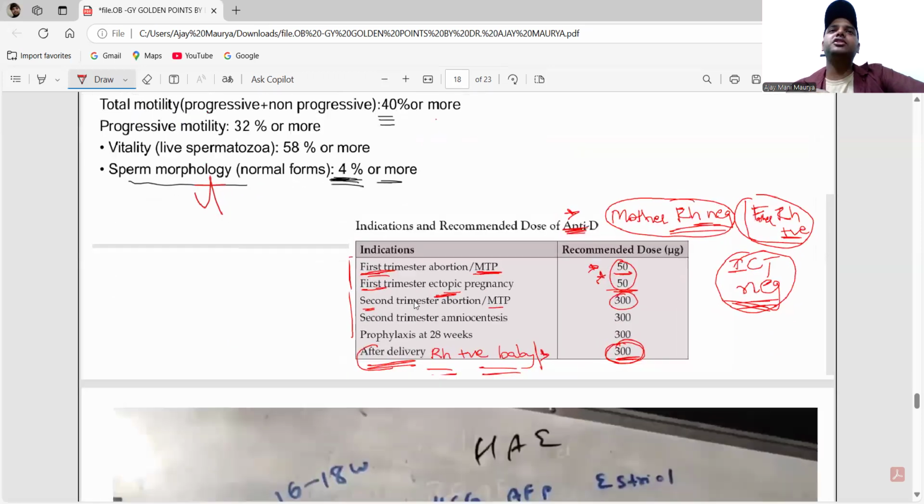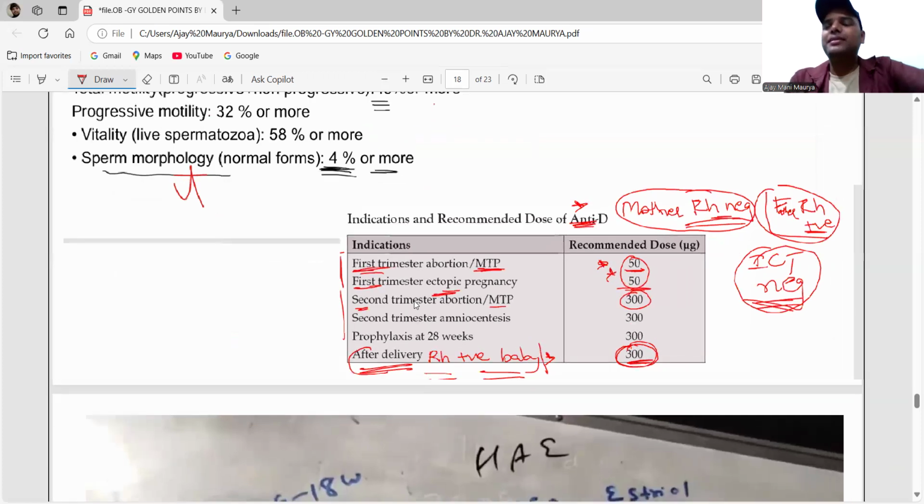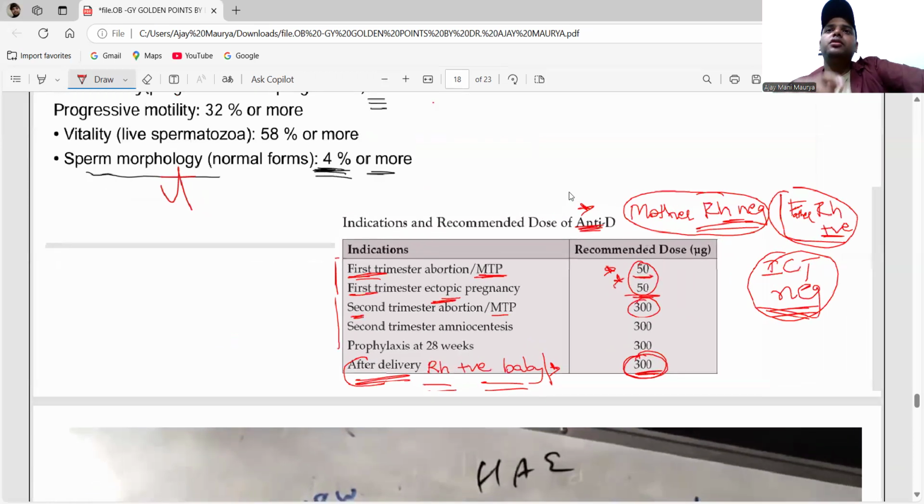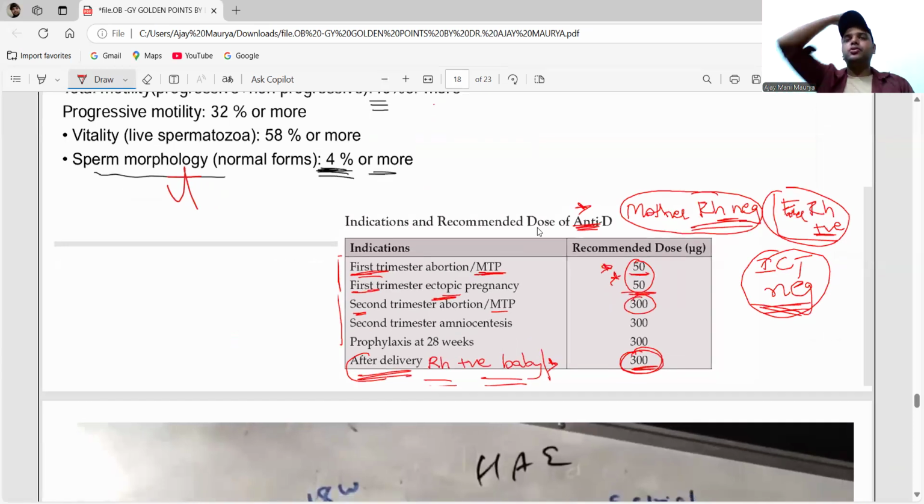Next one is the indication and the recommended dose of anti-D. See here, the mother is Rh negative and the father is Rh positive, so the baby is Rh positive. You have to give anti-D to the mother. There is always one question, guys.